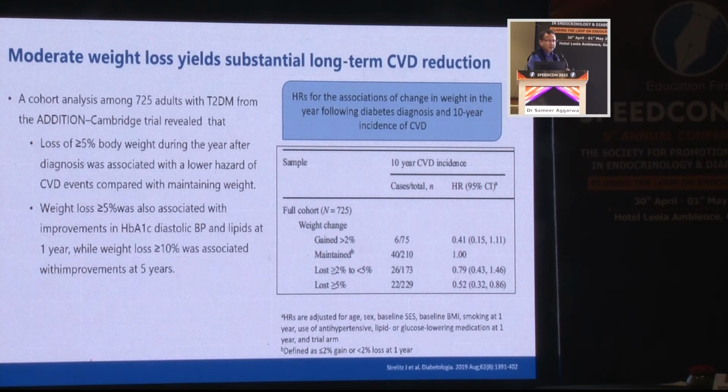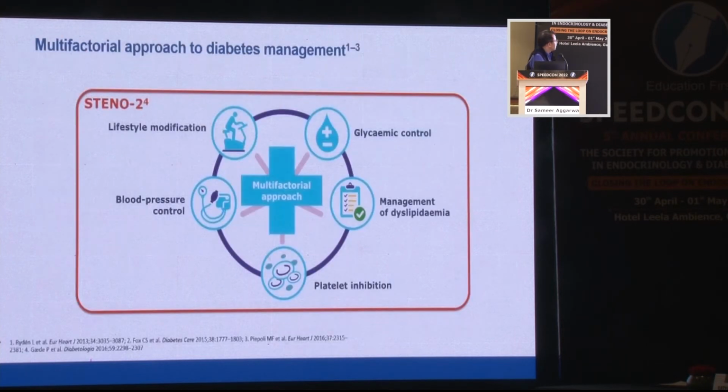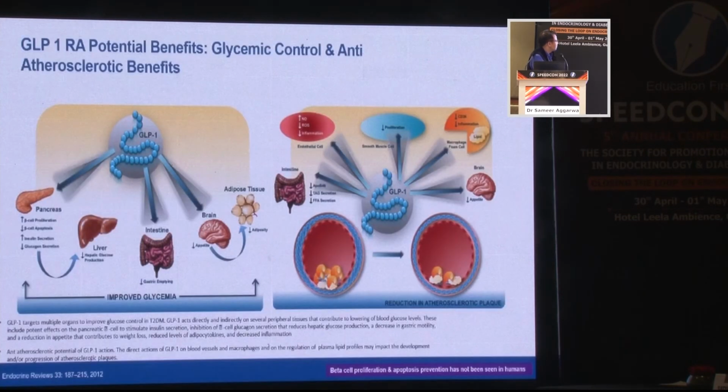Not only attaining good HbA1c, but simultaneously using a drug which can cause weight loss, and you have very little choice available these days. So a multifactorial approach to type 2 diabetes, lifestyle modification, glycemic control, lipids, blood pressure control, and smartly selecting the drug is very important.